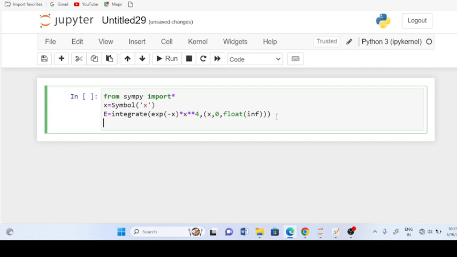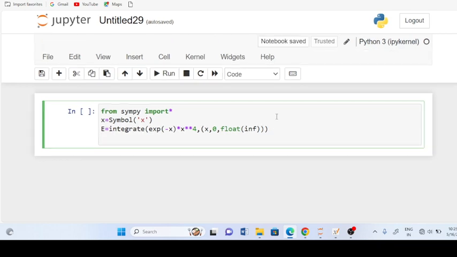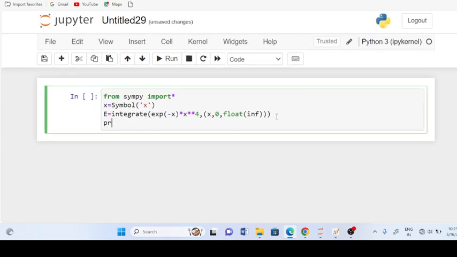Now we check the answer. Print, using gamma function we obtained the answer.